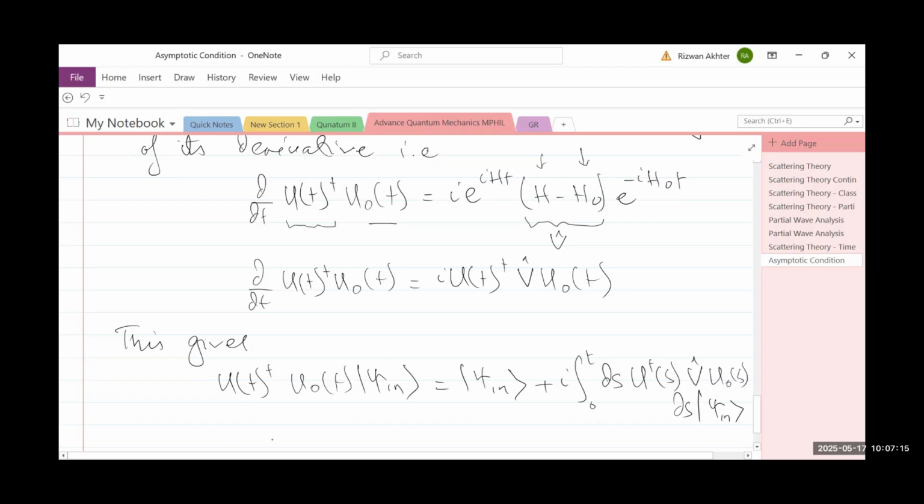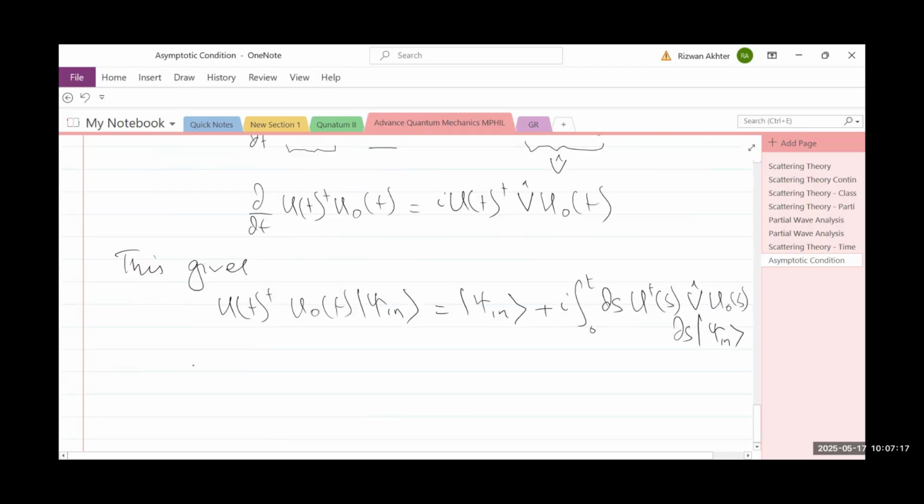And this has to converge as t tends to minus infinity. So this is basically what we are looking for, that it converges as t tends to infinity.